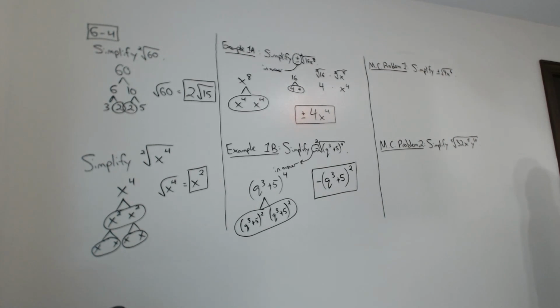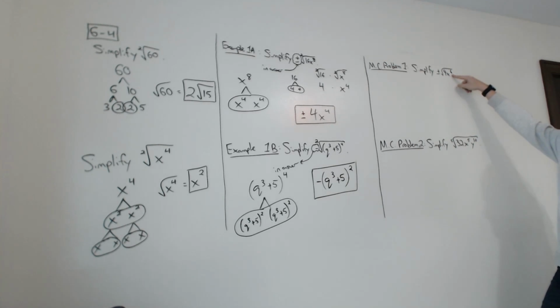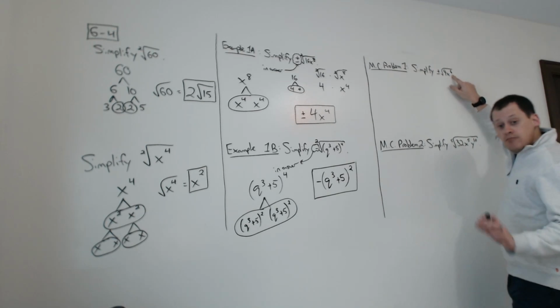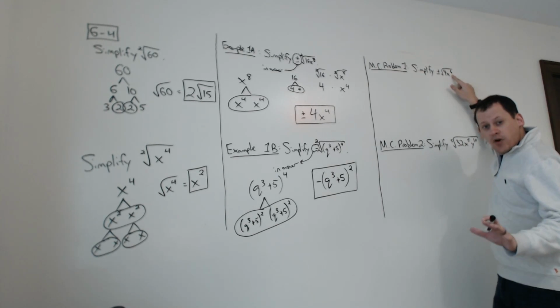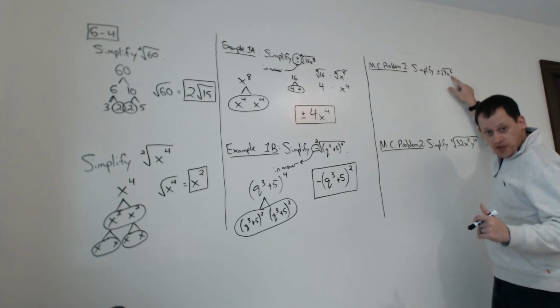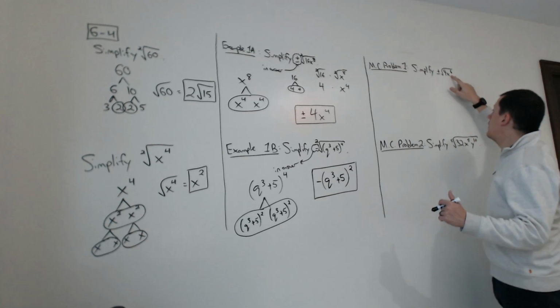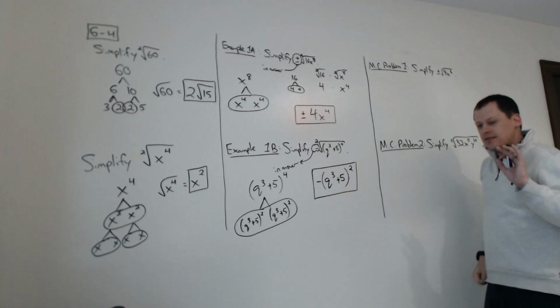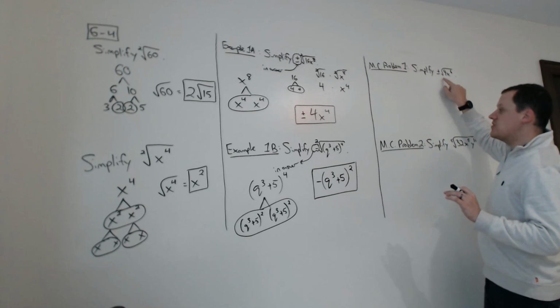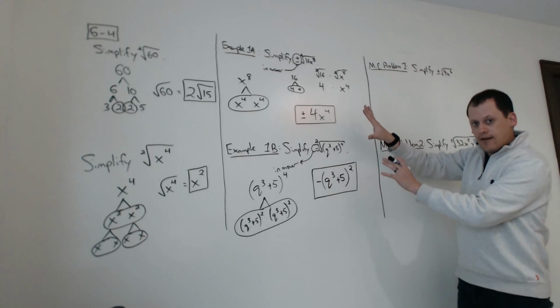Let's tackle the next one. All right, we want to simplify this now. Plus or minus the square root of 9x to the 6th power. Okay? You might want to pause the video. And if you're working through these on paper, which I recommend, what are the first one or two things you want to do when you see this based on what we've done here?